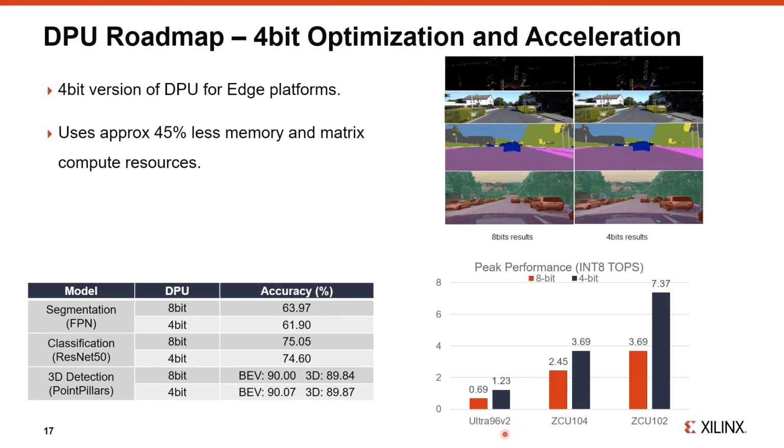And obviously the advantage it gives us is a dramatic increase in the teraops that we can achieve. So on a ZCU102 evaluation board, you can go from the 8-bit version, which has about 3.7 teraops maximum theoretical performance, up to 7.3, 7.4 teraops of performance with the 4-bit DPU.